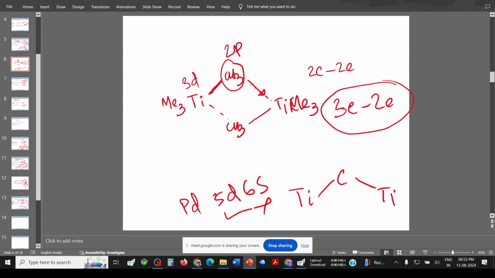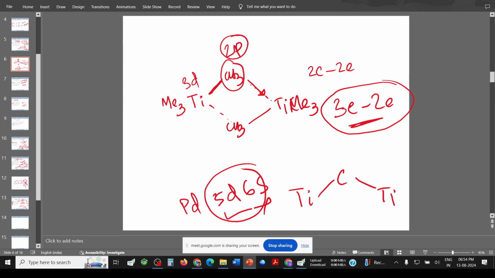But for lead, the interaction of the 2p with the 5d and 6s outer orbitals is not that facile. That's why these molecules easily undergo decomposition, like the methylene interacting with the other titanium molecule. Because of this interaction, it is able to form the 3-center 2-electron bond.